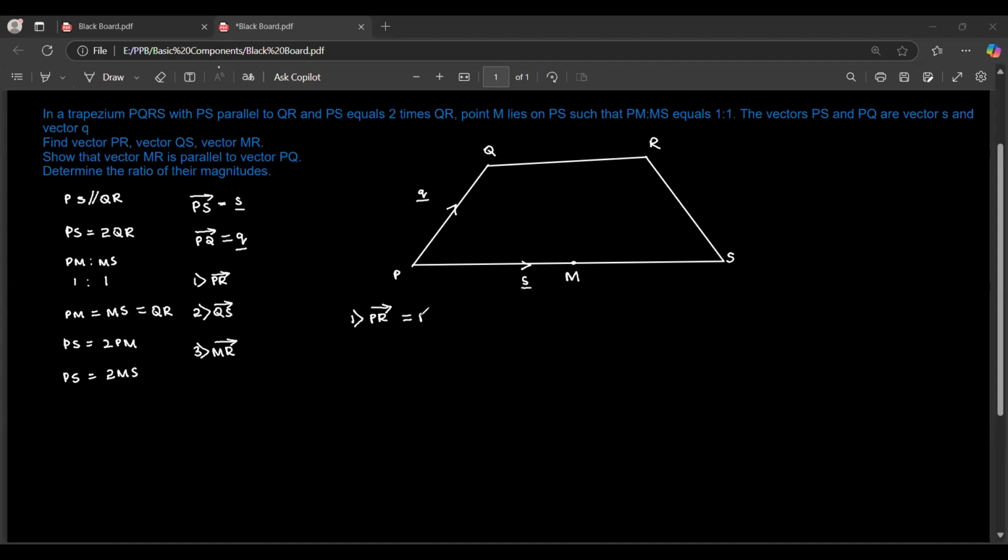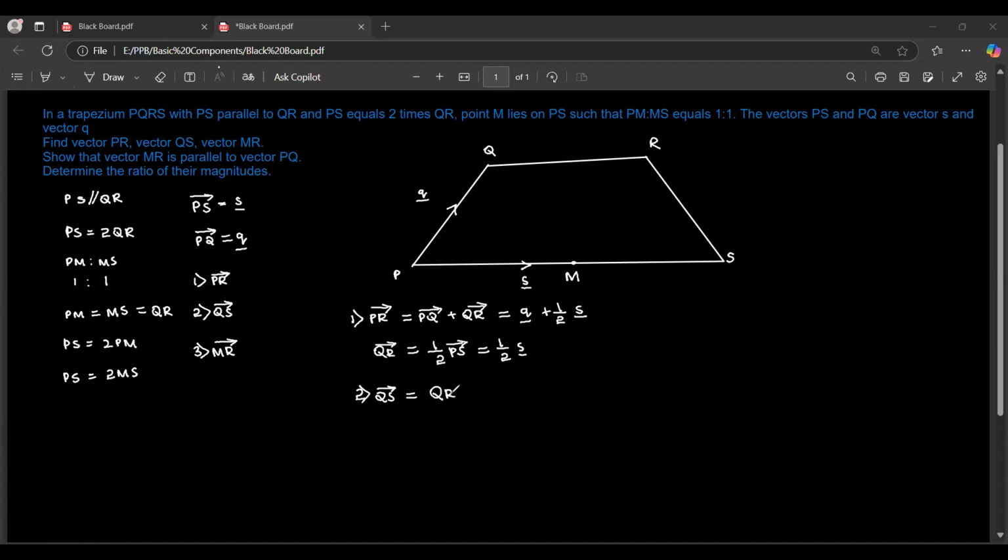So PR is equal to PQ plus QR, and we know QR is equal to half PS, and that is half S. So this will be equal to Q plus half S. Then we have QS to find. QS is equal to QR.